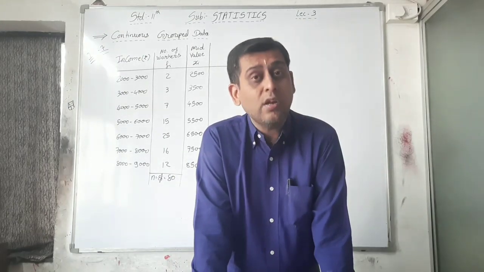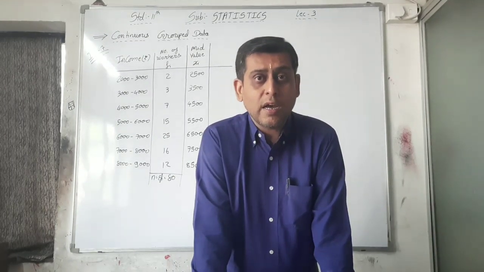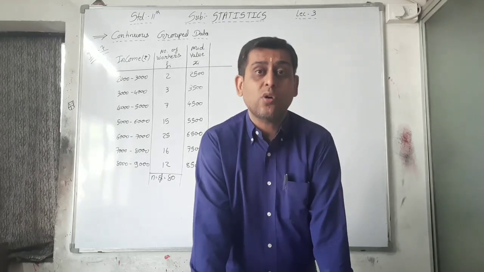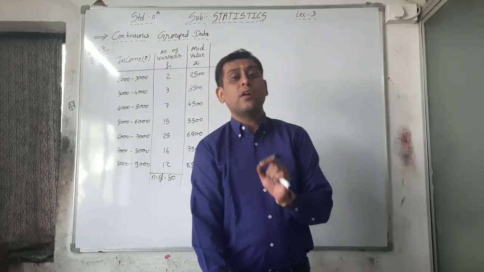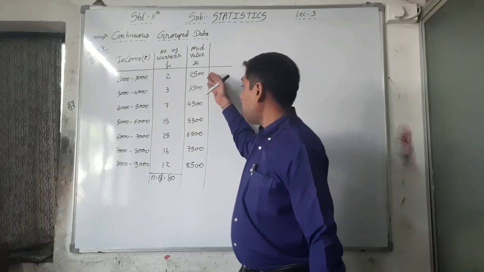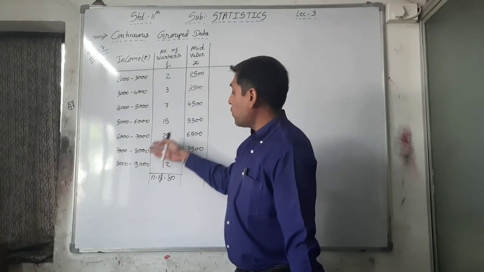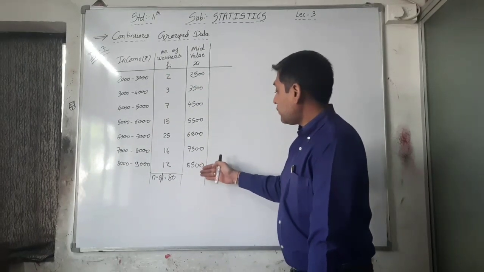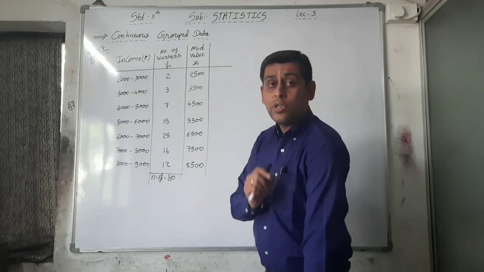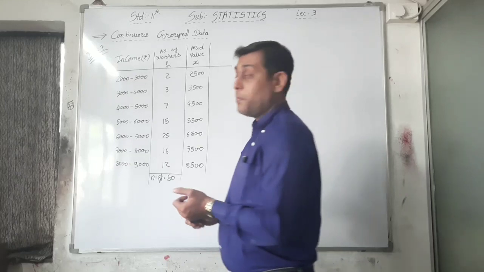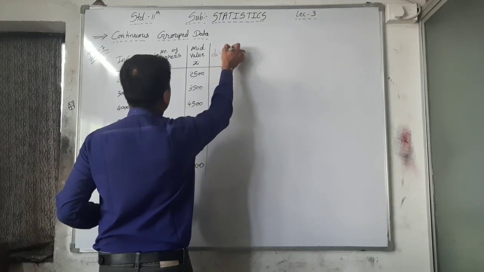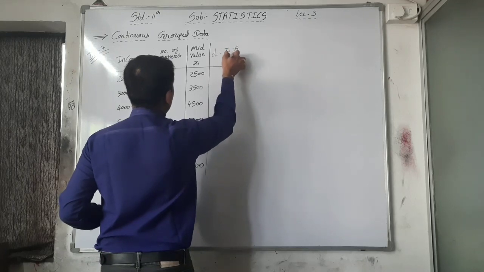Also in illustration number 6, all the observations are more than 100, that's why we are taking a shortcut method. Again here, this is the class interval, and your xi is more than 100, so here I am taking the shortcut method, that is di is equal to (xi minus A) upon C.